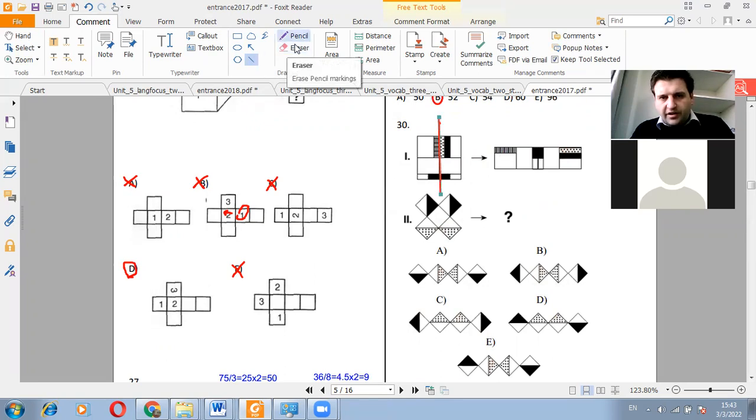And then each part here rotates 90 degrees. So this one rotates 90 degrees clockwise to the right. And this part of the shape rotates counterclockwise 90 degrees to the left.